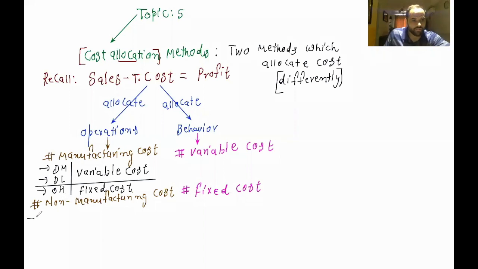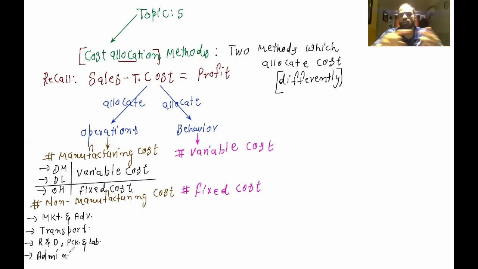Non-manufacturing cost involves marketing and advertising, transportation, maybe R&D, research and development, and packaging and labeling, and maybe some other administration cost.